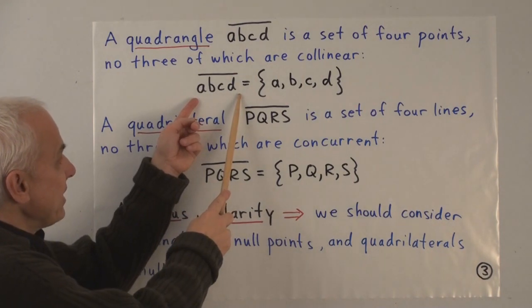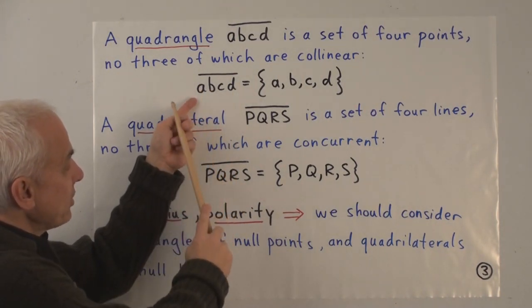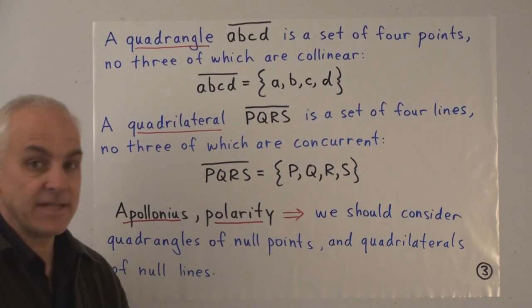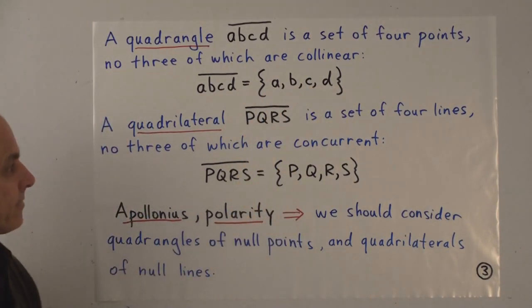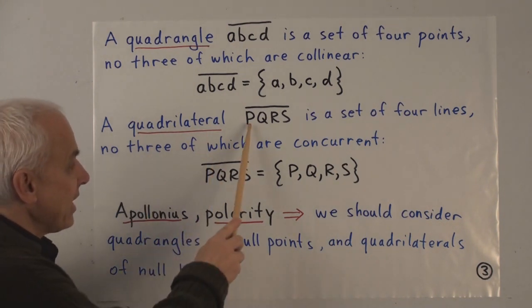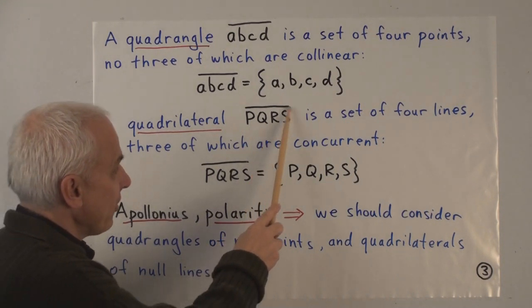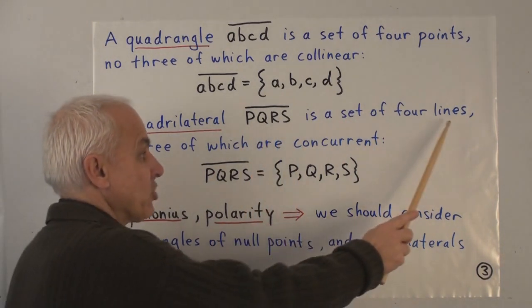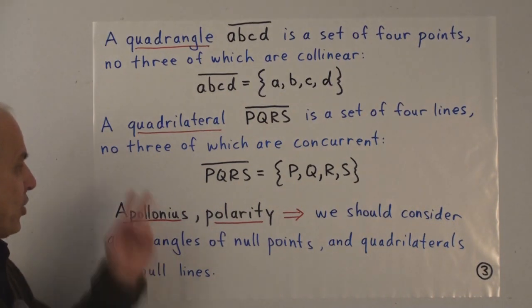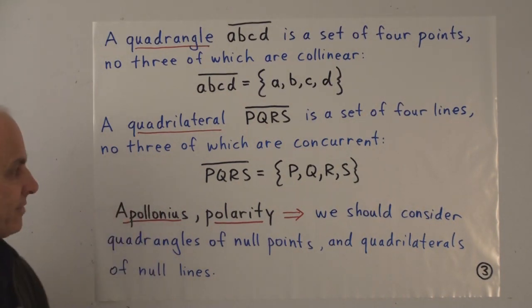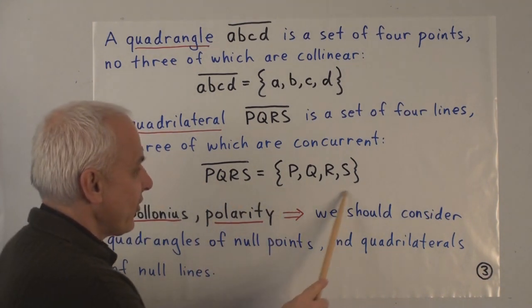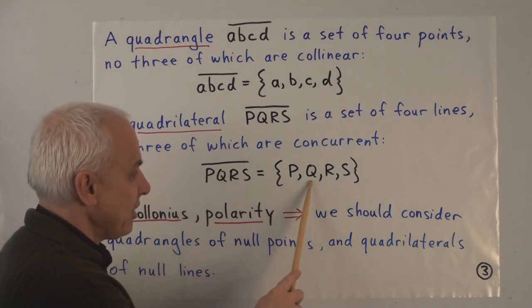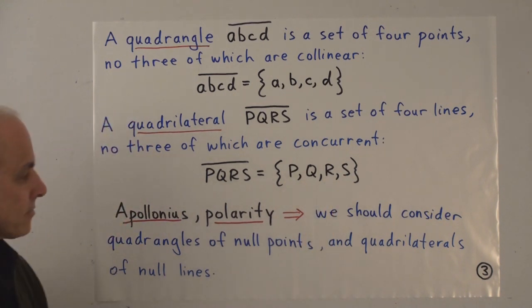So the quadrangle ABCD is just a notation representing this set with 4 points, A, B, C, D. On the other hand, a quadrilateral, let's say capital P, Q, R, S with a bar over it, is by definition a set of 4 lines, no 3 of which are concurrent. So this notation is just short form for this set consisting of the lines P, Q, R, and S.